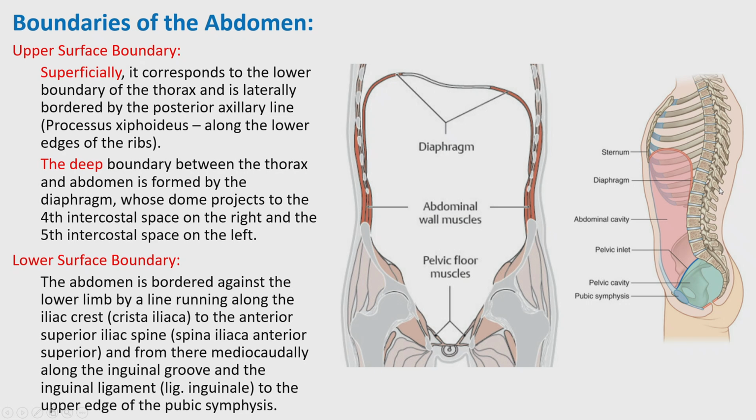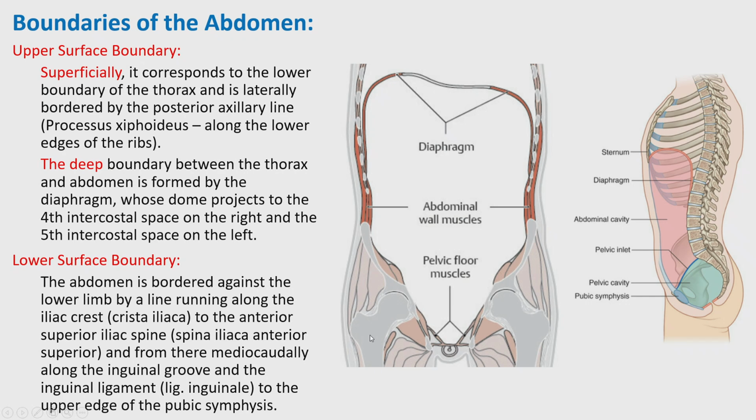The deep boundary, made by the diaphragm, is the same. So the upper border of the abdominal cavity is the diaphragm. Again, on the right side, the dome of the diaphragm is at the fourth intercostal space, and on the left side at the fifth intercostal space.